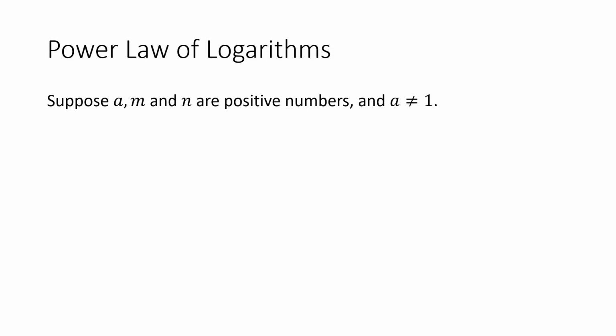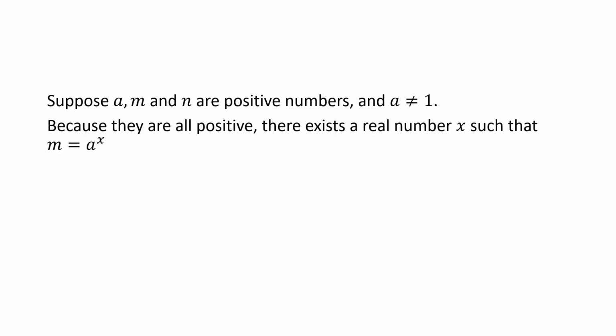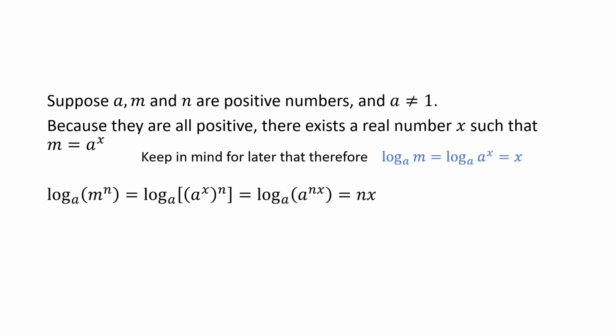Well, suppose, same setup as the other two, suppose a, m, and n are positive numbers and a does not equal 1. Well, just as stated earlier, there will be a real number x such that m is equal to a to the exponent x. Well, again, for the same reasons that we've said earlier, it'll be true that log base a of m is equal to x.